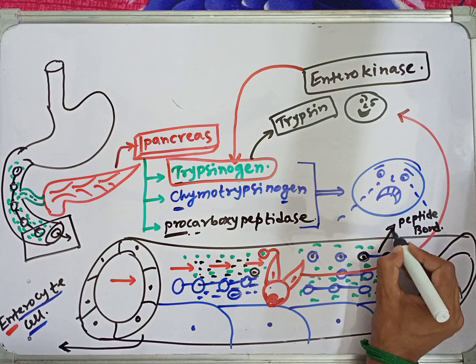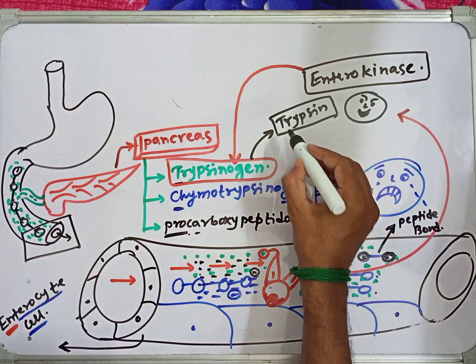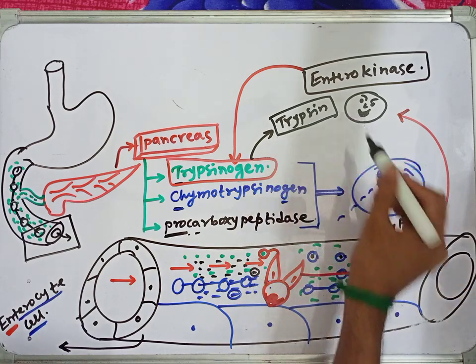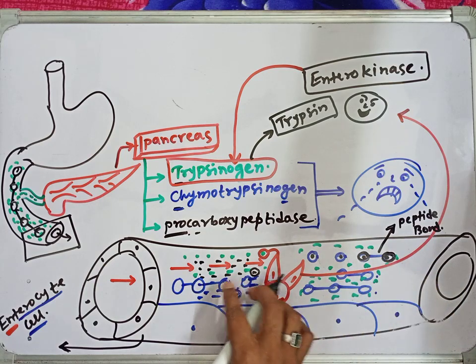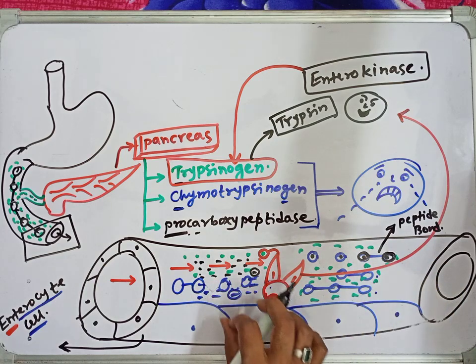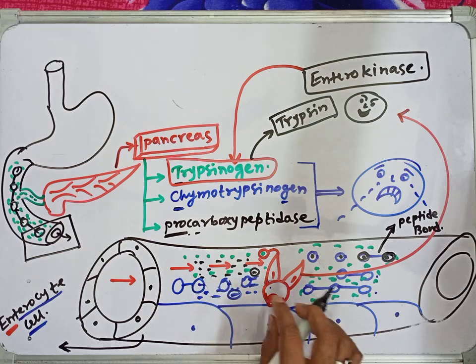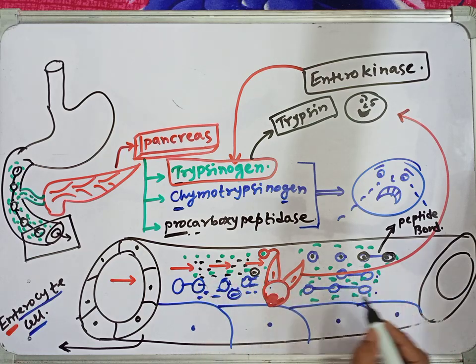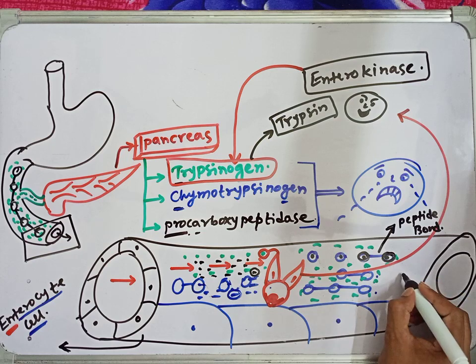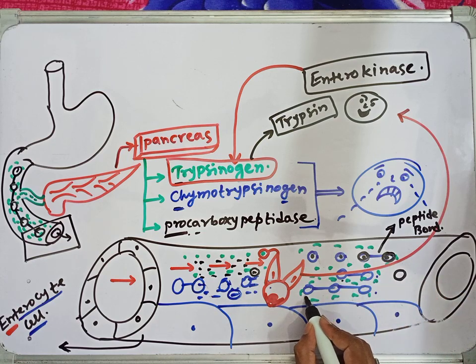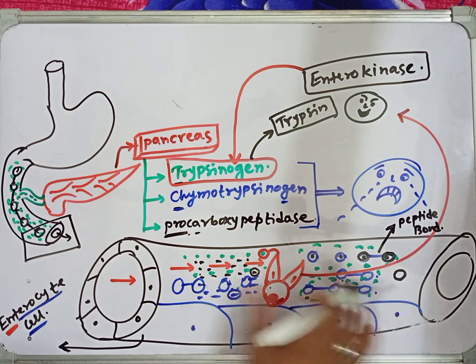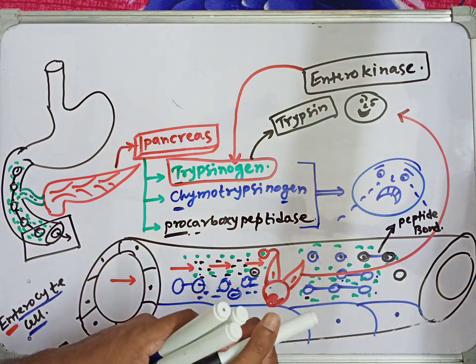This bond is called a peptide bond, and active trypsin has the capacity to cut all these peptide bonds, and make the protein into small fragments like amino acids, dipeptide, tripeptide, and some small polypeptide as well.